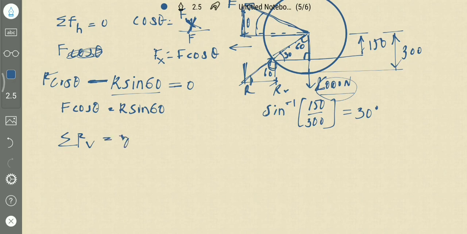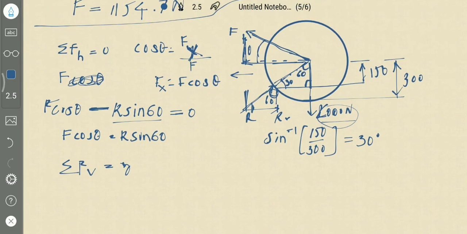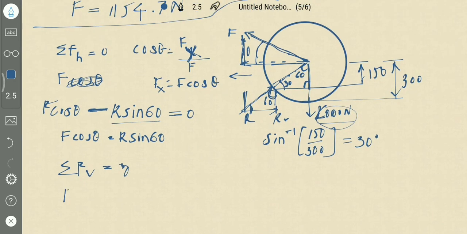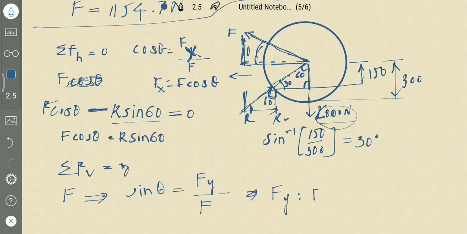First, the vertical component of F. If we consider this angle theta, sine theta is equal to the opposite side, the vertical component Fy, divided by the hypotenuse F, which means Fy is equal to F sine theta.